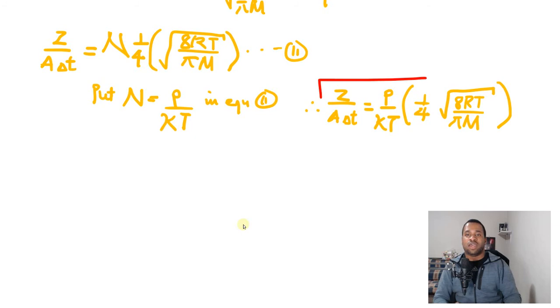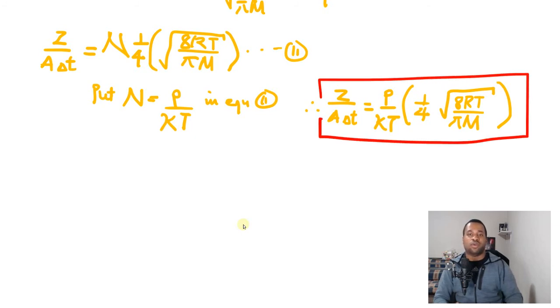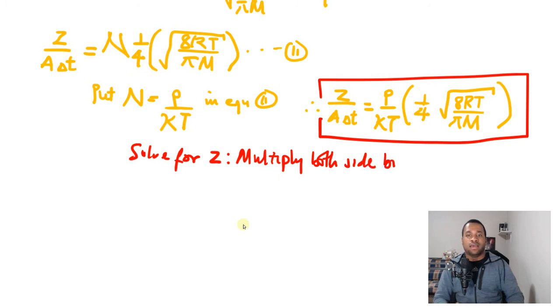Once we have this new equation derived, we're going to use it to determine our specific collision frequency. So we're going to solve for Z, and to solve for Z, we have to multiply both sides by the area and the change in time.